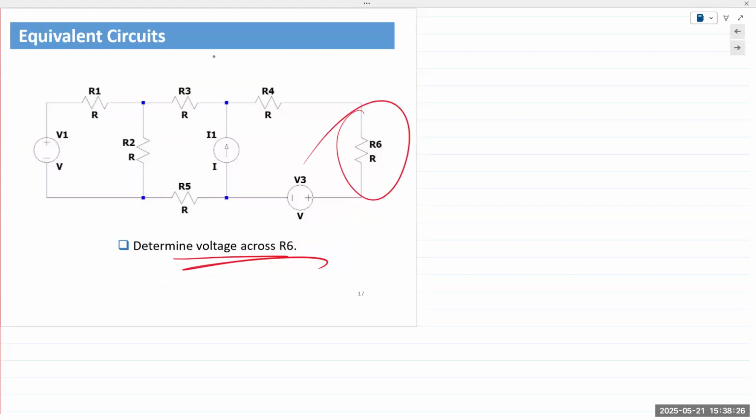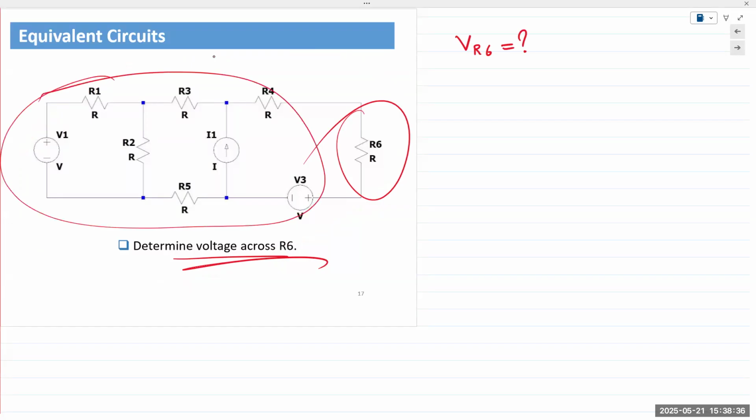So you need to determine VR6. And let's say during this design, all of the other components are already fixed and determined. Design means you have a goal, you have an application, and you're trying to create a system that will give you that particular output to fit that application.